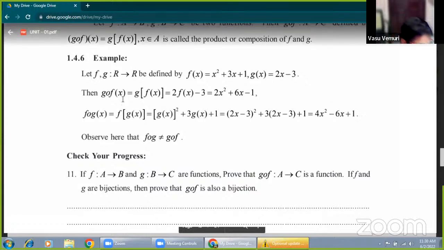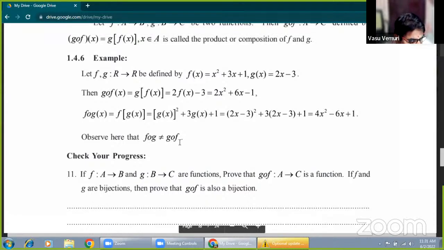But here, especially in the composition, when we consider algebraic properties, students listen carefully. This is a very important concept. F circle g not equal to g circle f. Here, AB not equal to BA. That is the commutative part. Algebraic properties means closure law, associative, existence of identity, existence of inverse, commutative.